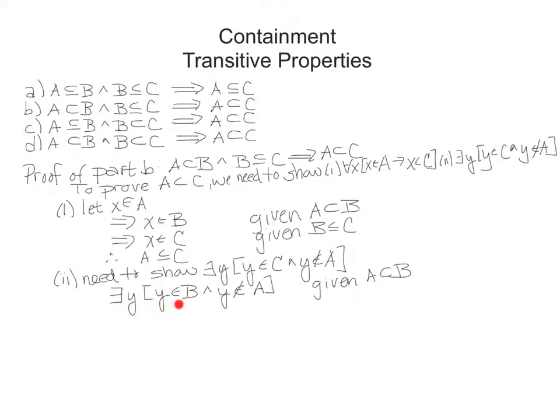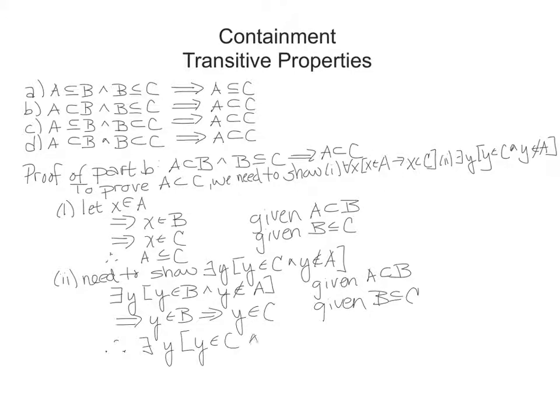So there exists a y such that y is in B and y is not in A. And we know that because A is a proper subset of B. But this y is in B implies this y is also in C because we are given B is a subset of C. Therefore, there exists a y such that y is in C and y is not in A. And so we are done with our proof.